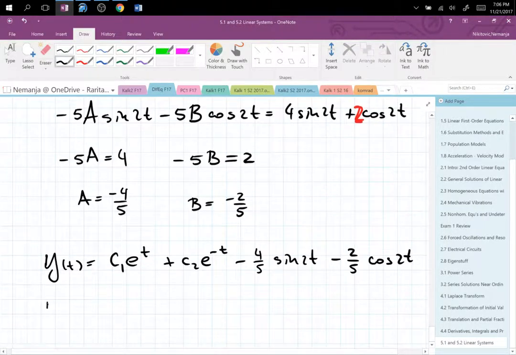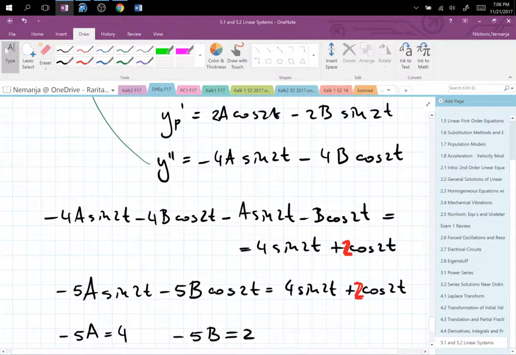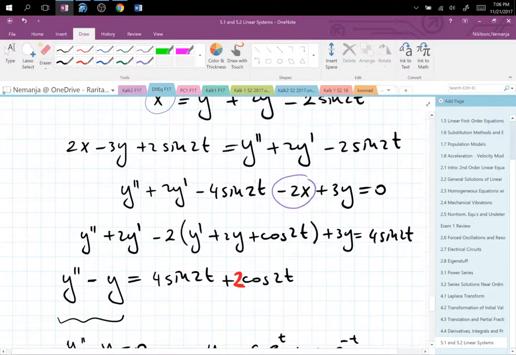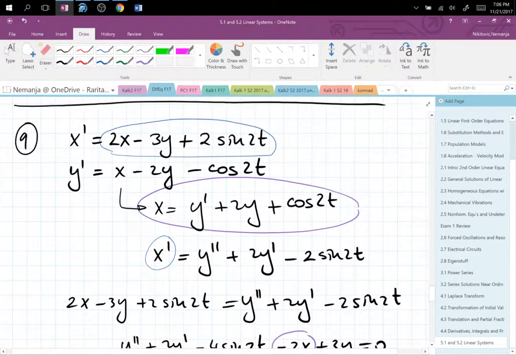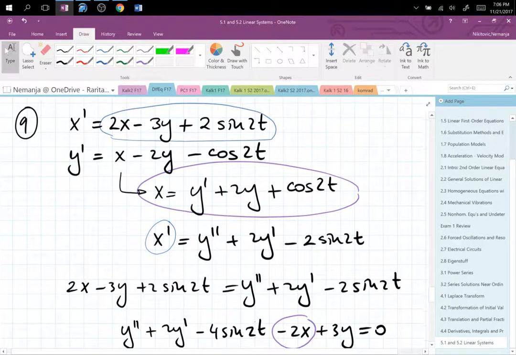So now we find x of t using the formula that connected these guys, and that formula was right there, the purple one: y prime plus 2y.